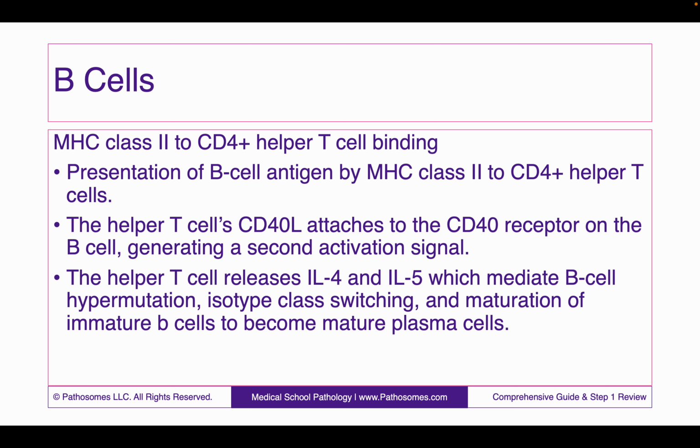The helper T cell releases interleukin 4 and interleukin 5, which mediate B cell hypermutation, isotype class switching, and maturation of immature B cells to become mature plasma cells.